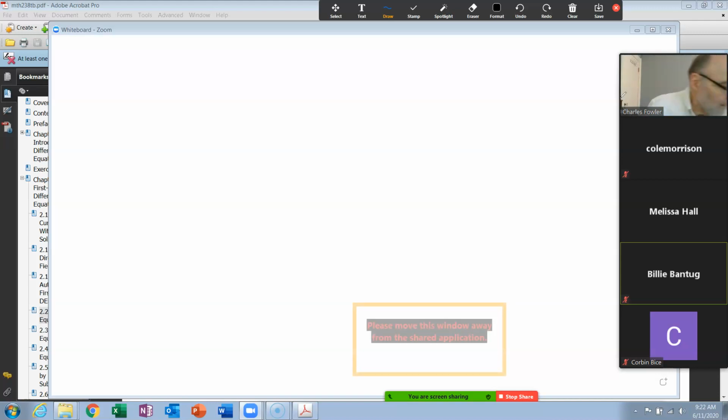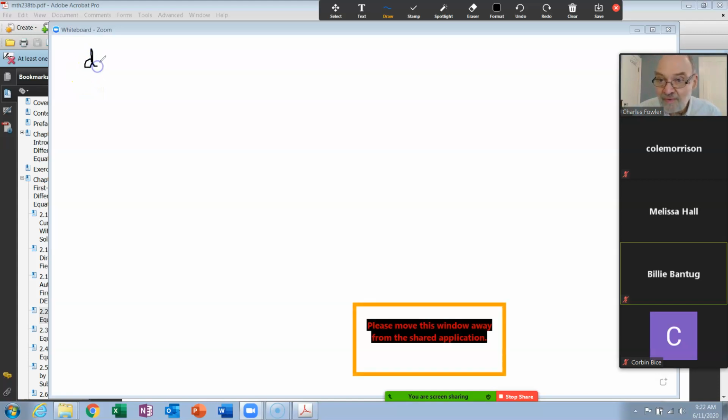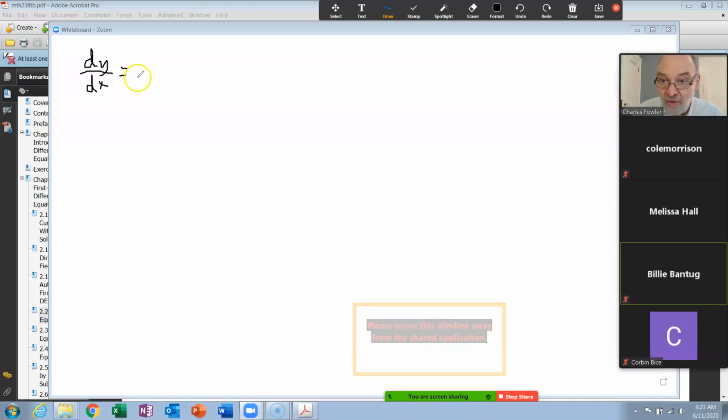Now, here's our problem. dy/dx, a simple first order differential equation, dy/dx is equal to, all right, it looks like a pretty simple function of x alone, e to the minus x squared.